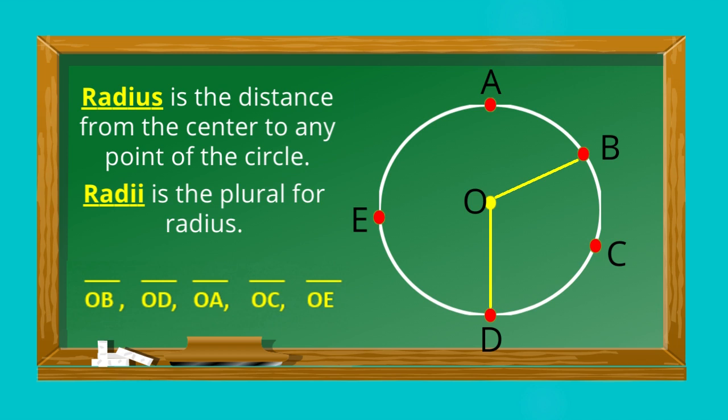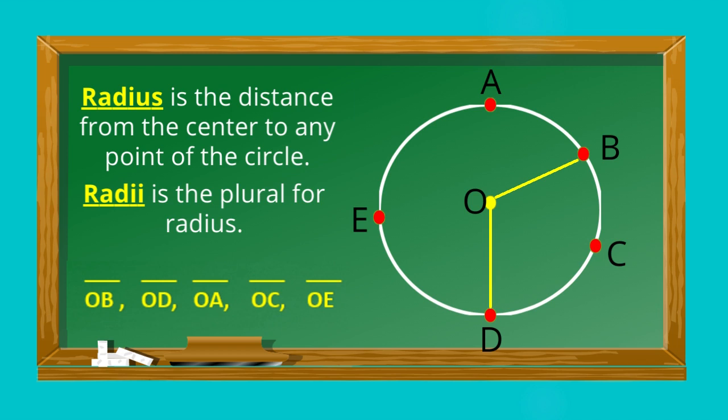Since the center of the circle is point O, therefore the figure is circle O. From circle O, the line segment from the center to the circle, to point B, is radius OB.